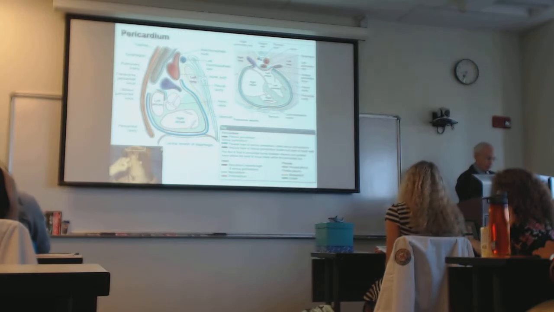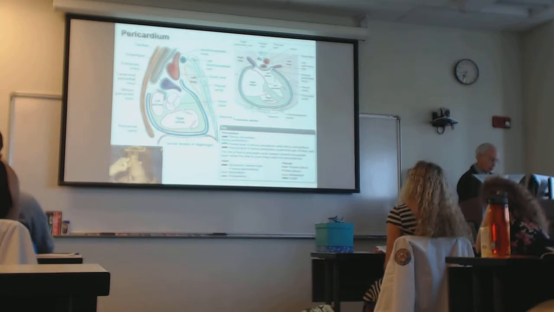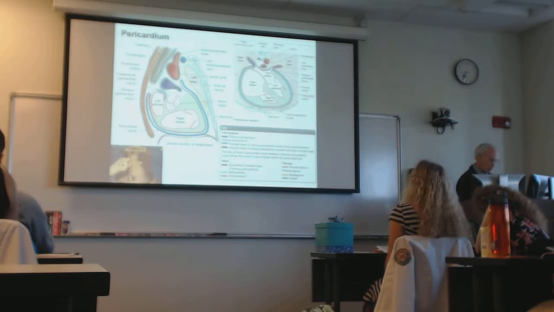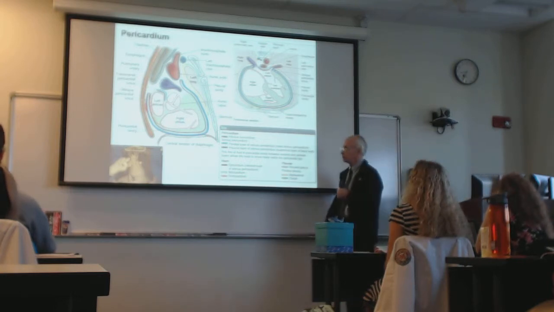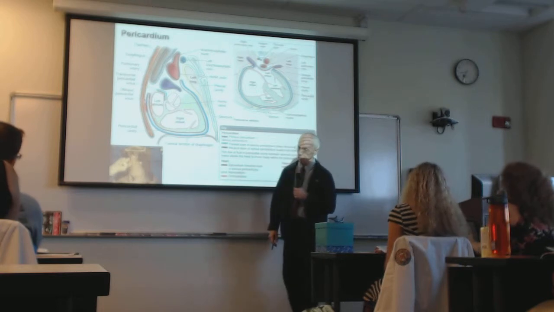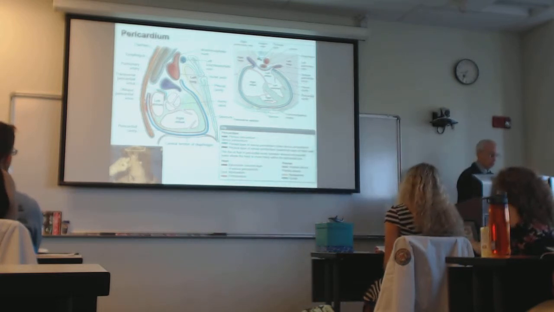Now here we can see the two layers, with a little color here, the blue layer and the brown layer of the pericardial sac. Exterior to that is this outer layer of the fibrous pericardium that consists of at least two different types of connective tissue. There can be adipose tissue in that exterior layer too.